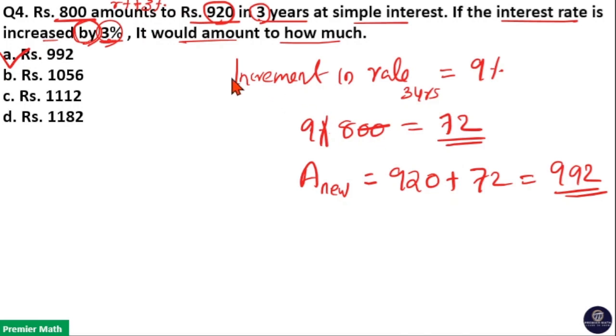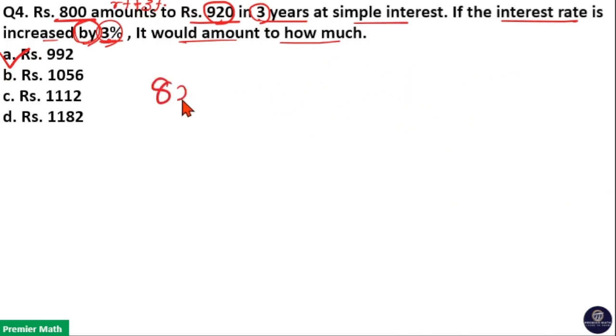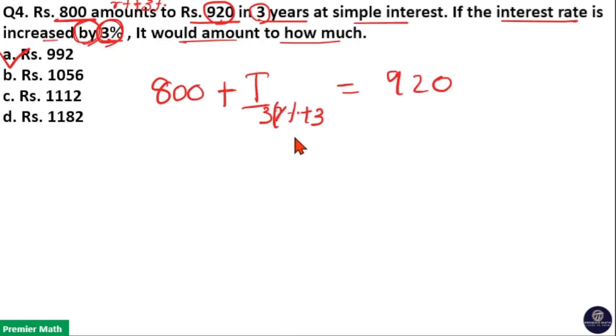If you have difficulties in understanding this, here 800 is the principal, and the interest received for R percentage for 3 years is equal to 920. So, this is the current amount. Now, here the increment in rate is equal to 3% for 3 years. Here already 3 years is written. So, R plus 3 is the new rate for 3 years.